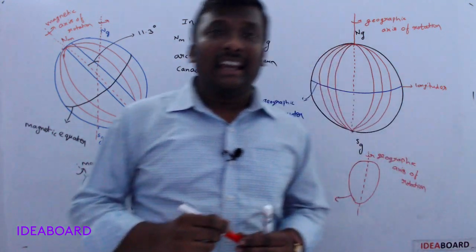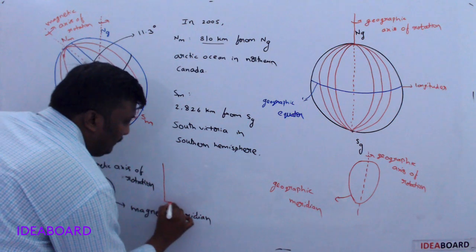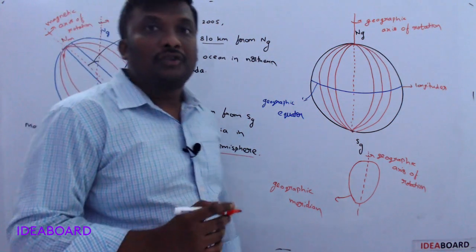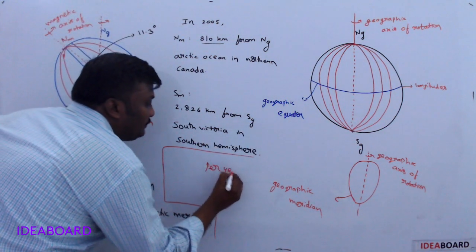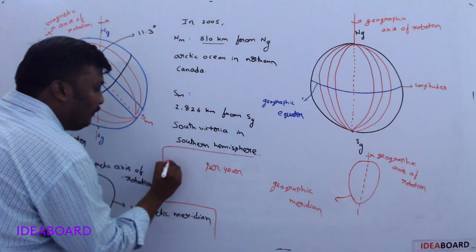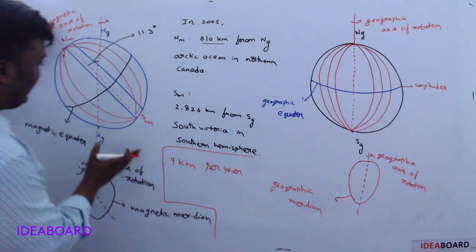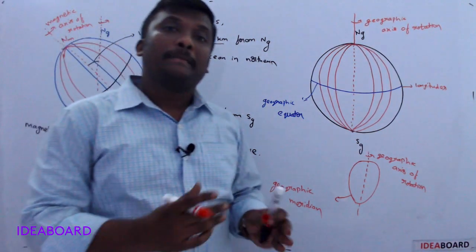In the early 20th century, per year, NM and SM moved a distance of 9 kilometers per year.